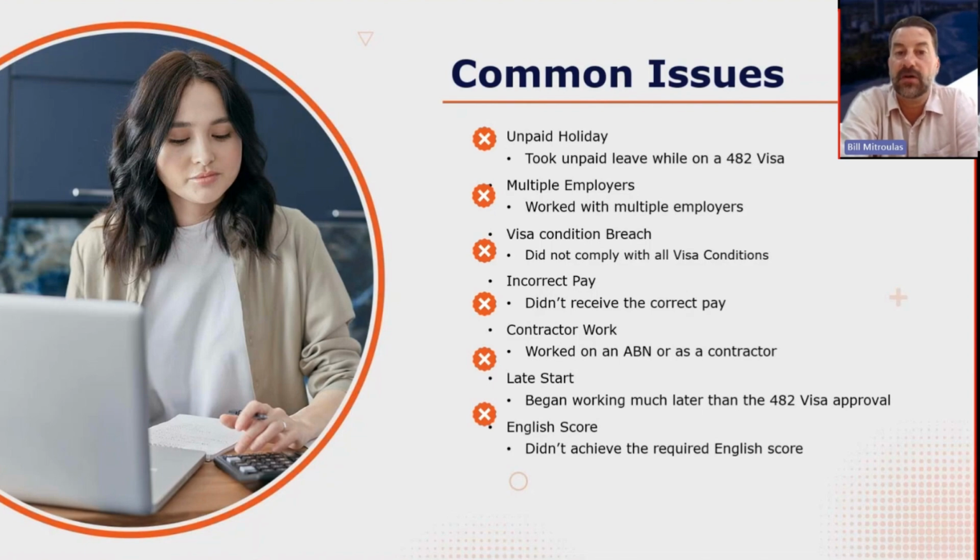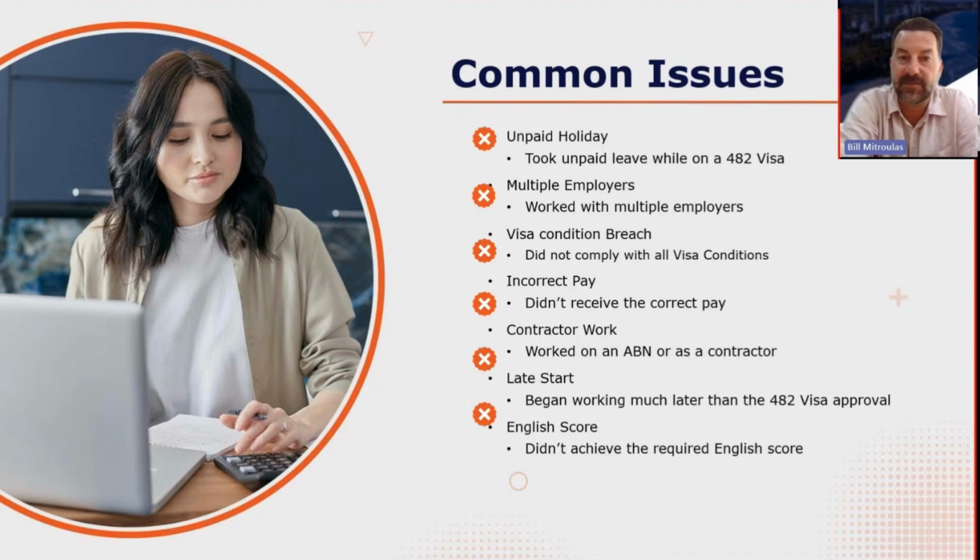Now, if you're on a short-term TSS visa, and your occupation has been incorporated in the CSOL, then worst case scenario, you'll have to extend with a skill in demand visa, albeit for 1 year, and then as soon as you're eligible, apply for the 186 visa, right?